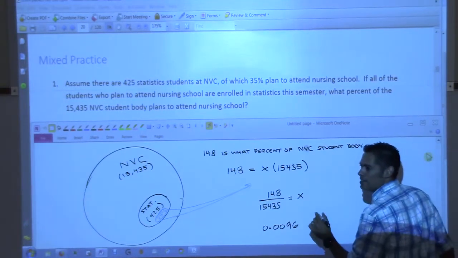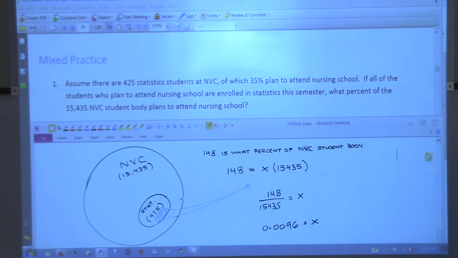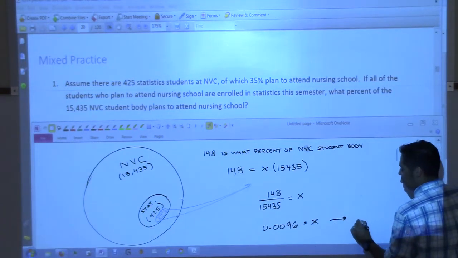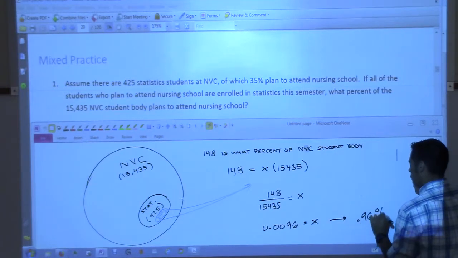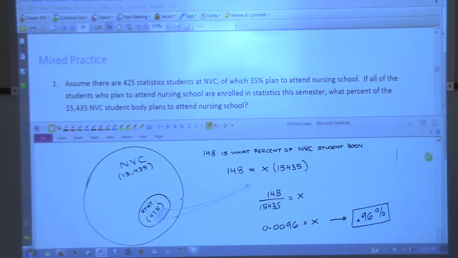All I heard was 0.96, so I was like, wait, that's like 96%. That's too much. It's 0.0096, but if you convert it to a percentage, that's 0.96%. So not even 1%. 0.96% of the student body at Northwest Vista College intend on attending nursing school.